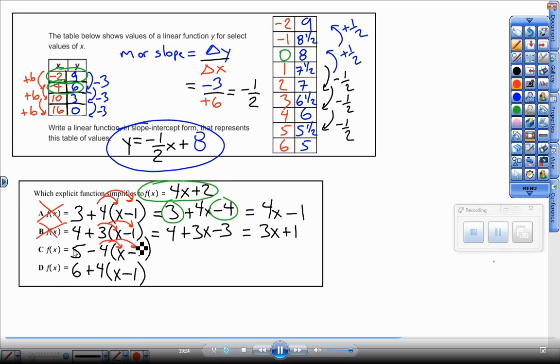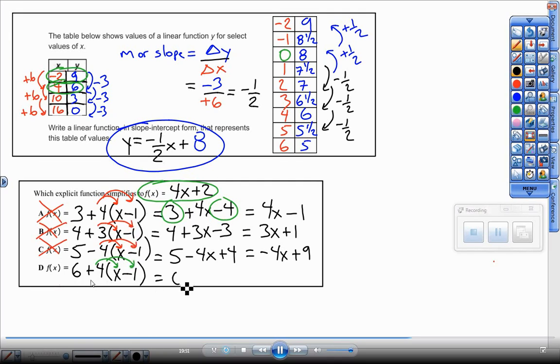This one, negative 4 times x, negative 4 times negative 1, the 5 stays. This becomes negative 4x plus 4. Already I could see negative 4x different than this d. That's not equivalent. 5 plus 4 are 9. This last one here works because 4 times x and 4 times negative 1 gives me 6 still.